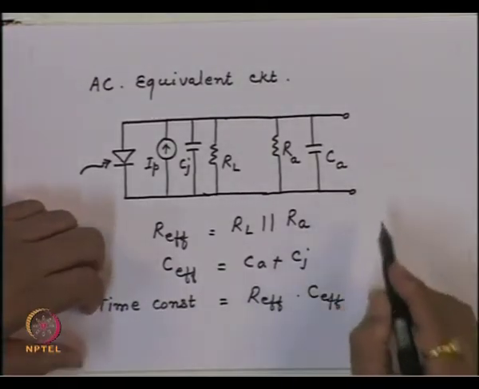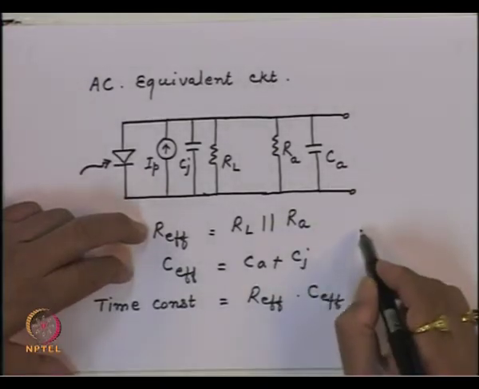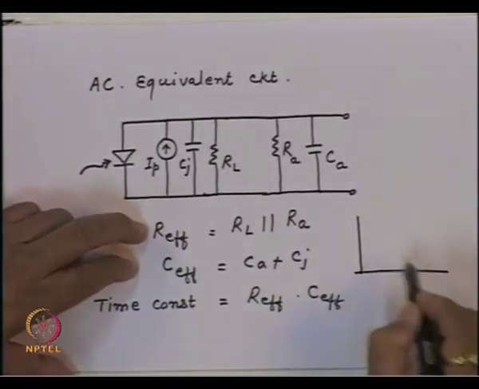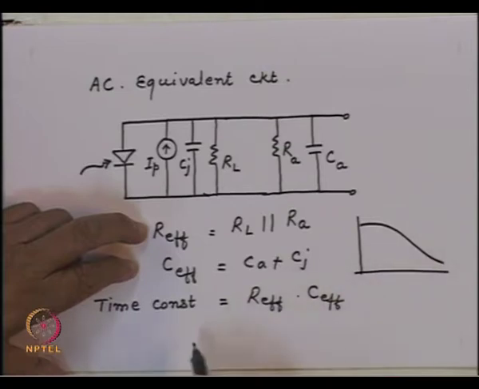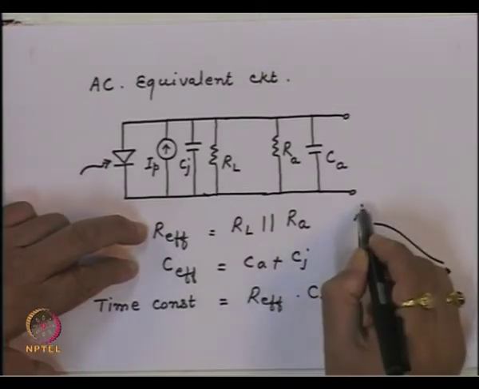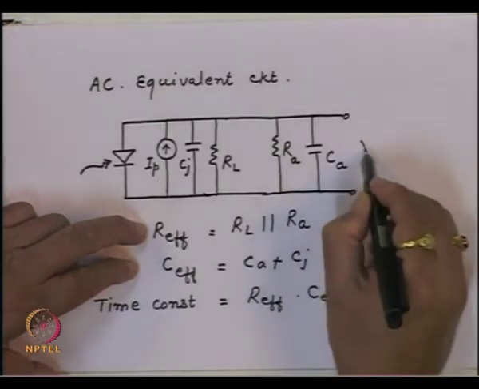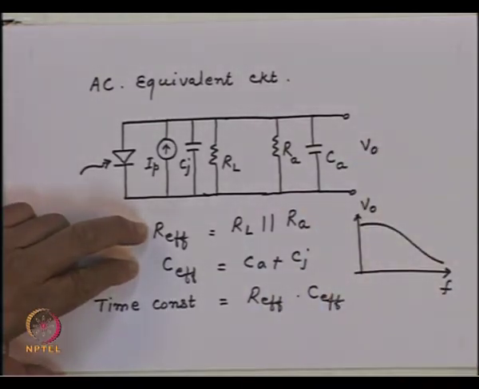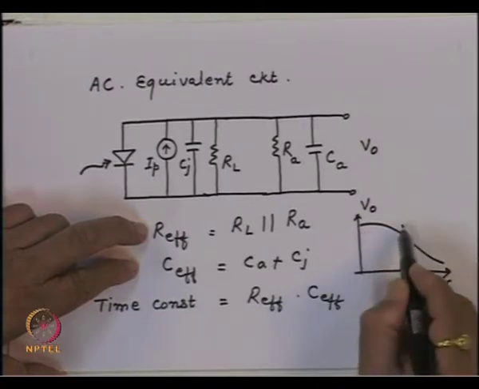If you look at the response of this circuit, it would be low pass type. It will have a response which goes something like this as a function of frequency. This is the output VO we get here. So the bandwidth of this circuit would be rather limited.